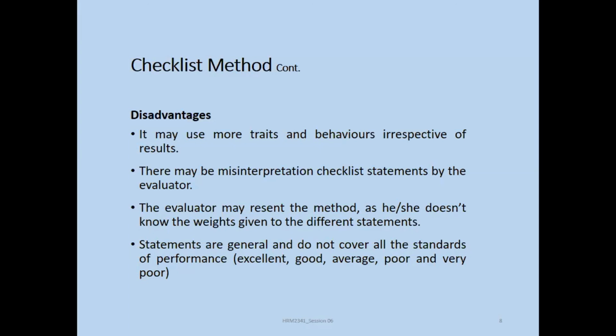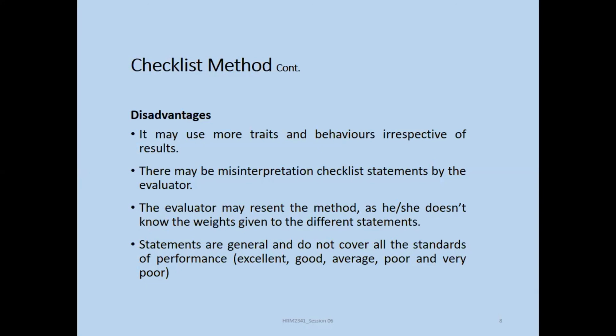Statements are general and do not cover all the standards or all the criteria of performance. In our performance evaluation form under the checklist method, there are only two options, yes or no. But sometimes their performance may vary from excellent to poor, or excellent to very poor.